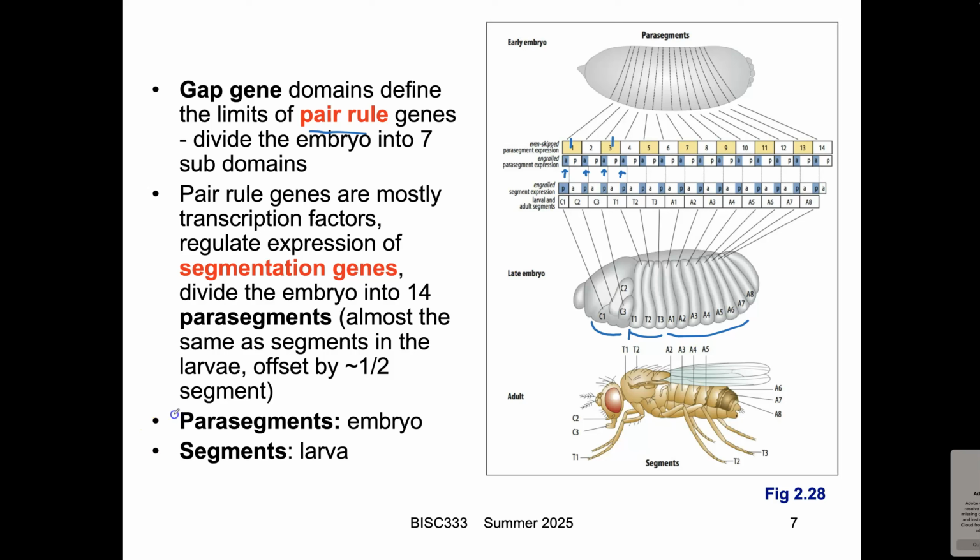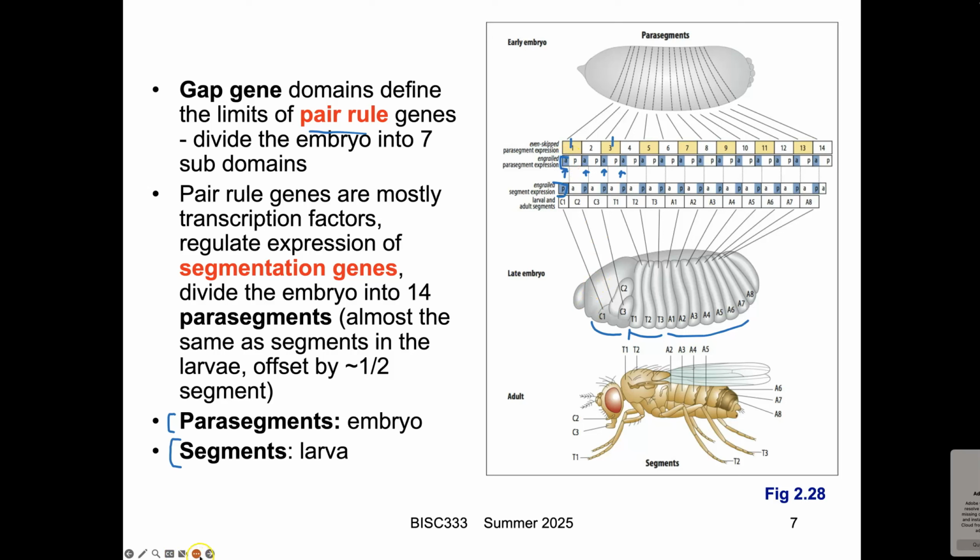So just remember, when we're talking about parasegments, we're talking about the embryo, but when the embryo is mature and about to hatch and then forms a larva, then we're talking about segments, and they don't line up perfectly. So the posterior of this segment matches the anterior of this parasegment, for example.